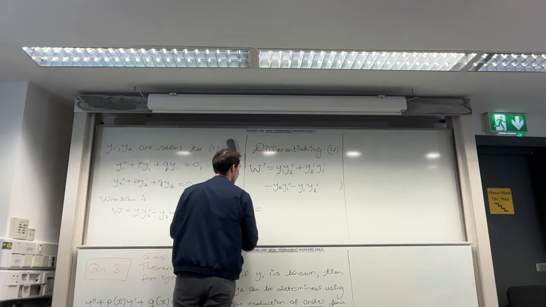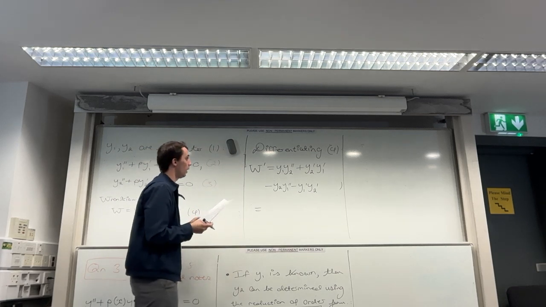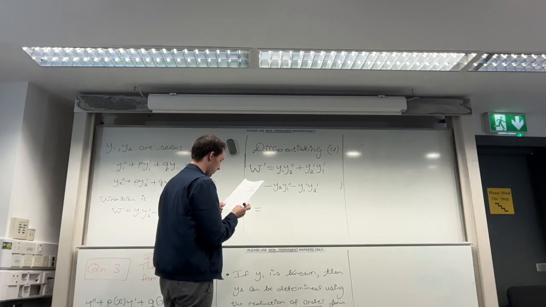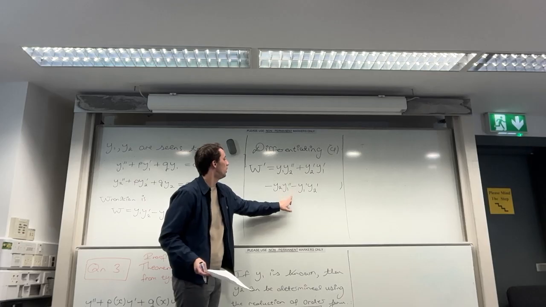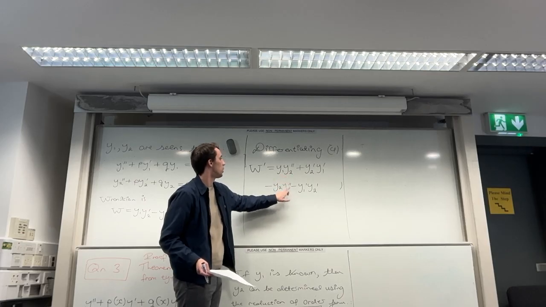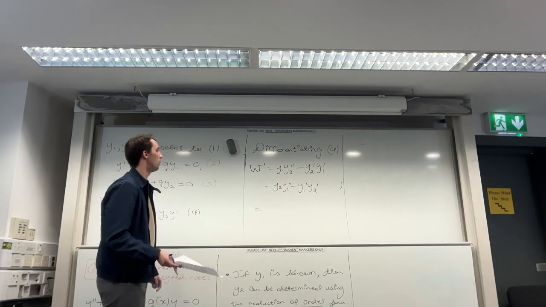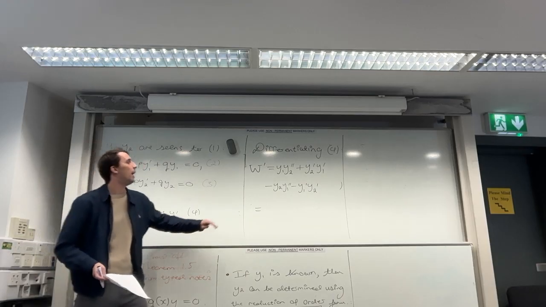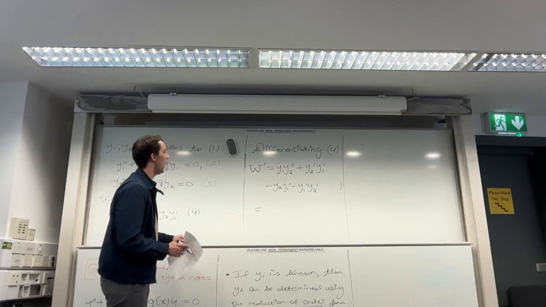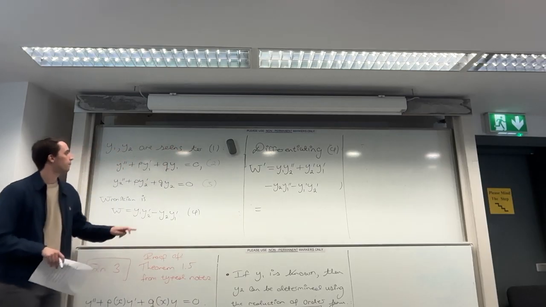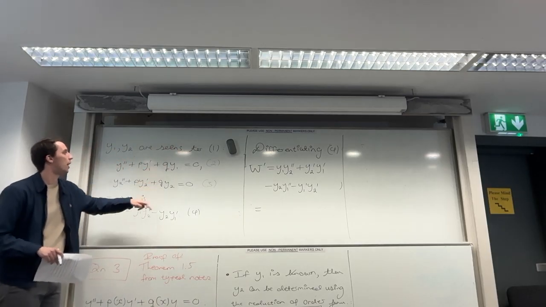So if we look a little closer at this equation, we can see that we have two second derivative terms, y2 double prime and y1 double prime. So let's eliminate all of the second derivative terms in this equation here. So how are we going to do that? Well, to do that, we can use equations 2 and 3.